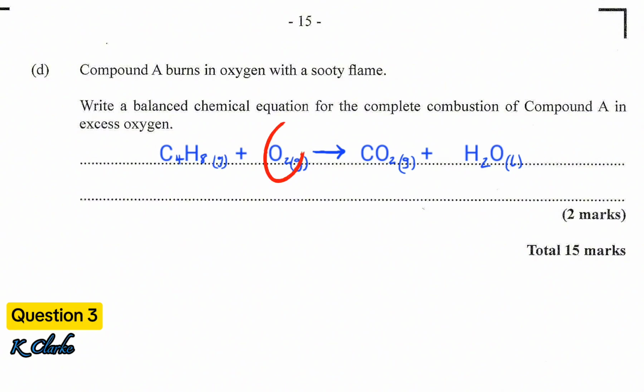There are 2 oxygens on the reactant side while 3 oxygens on the product side. In order to balance this equation, we are going to write the coefficient 6 in front of the oxygen gas, 4 in front of the carbon dioxide, and 4 in front of the water molecule.